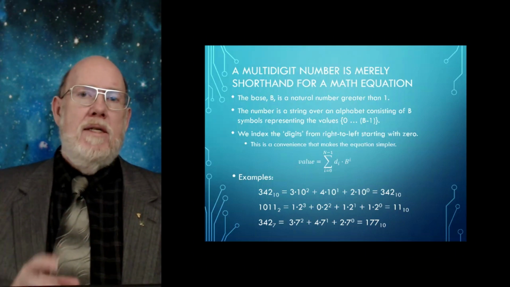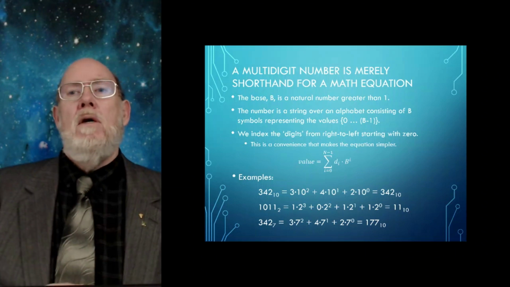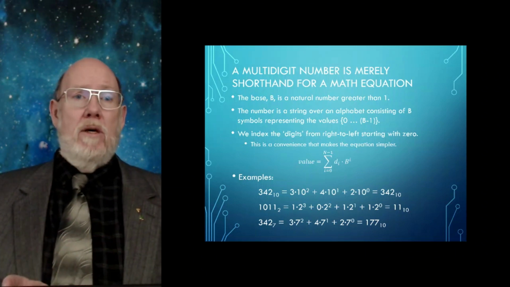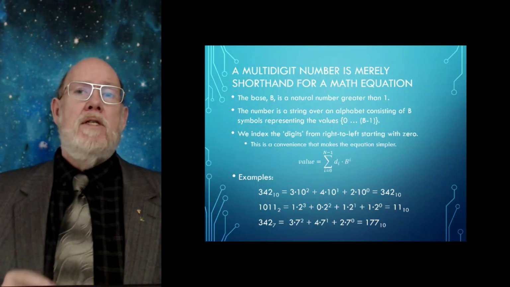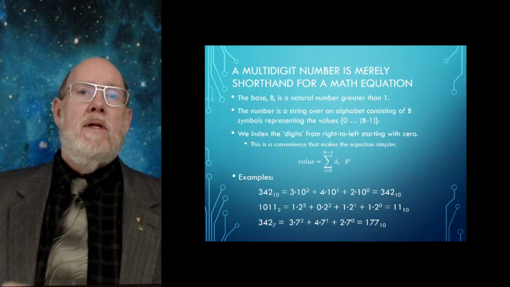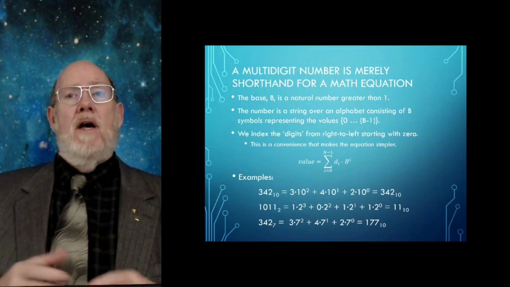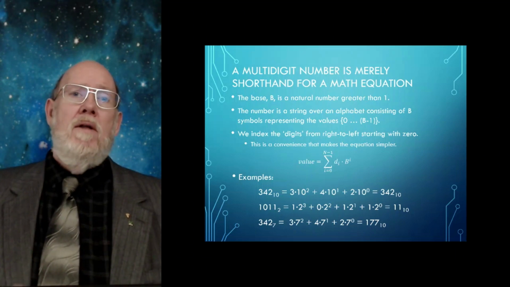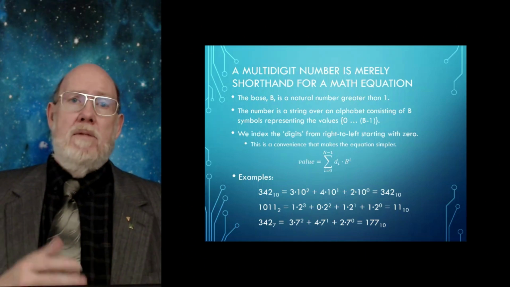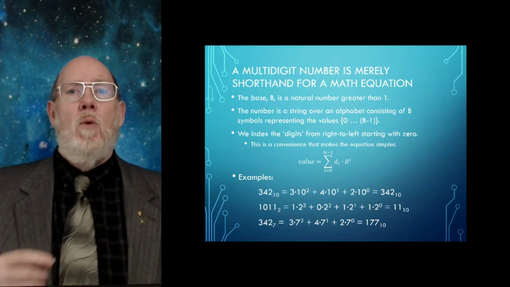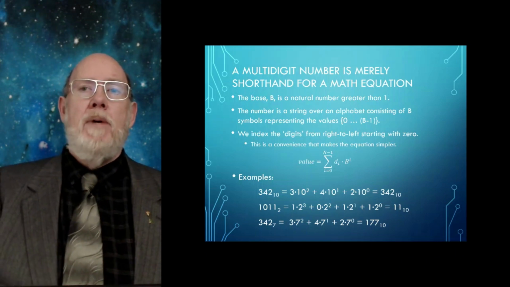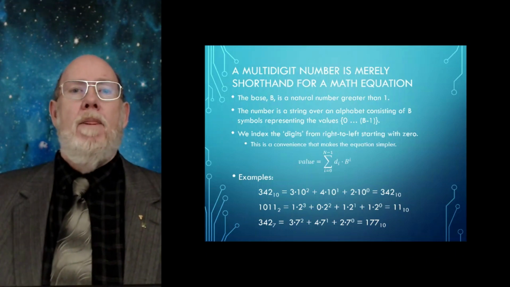If we index the symbols, what we call digits, starting from the right-hand side, and we also start our indexing with 0, we come up with a very simple equation for how to convert the symbols in that string to the value they represent. We simply sum up across all the digits the value of that particular digit, d sub i, multiplied by the weight associated with that digit's position in the string, which is b raised to the ith power.